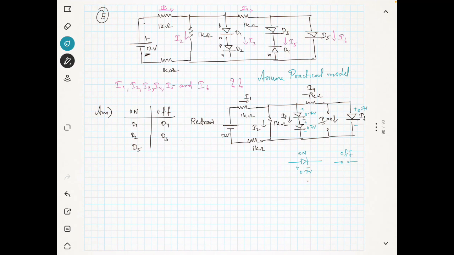Now let us consider this point A and this is B. So the voltage between A and B, that means VAB, you can see that there are two diodes.